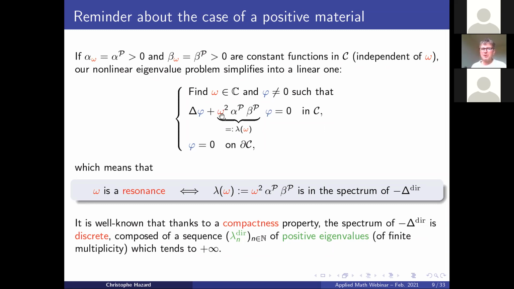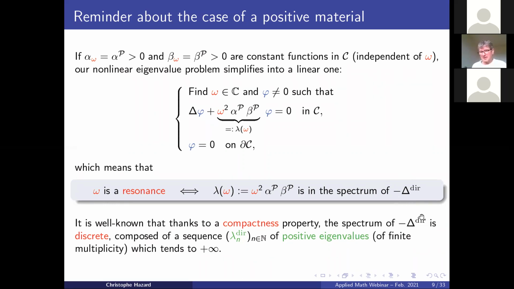And if I denote by lambda of omega this quantity here, this means that the value omega is a resonance of the problem if and only if this lambda of omega is in the spectrum of the Dirichlet Laplacian, minus the Dirichlet Laplacian here.